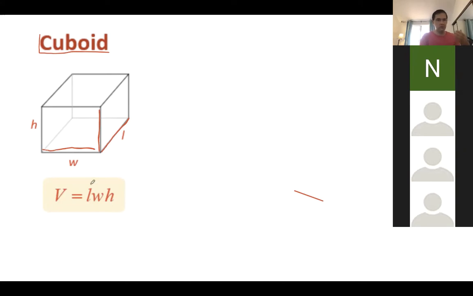So the volume of this would be simply L times W, and then times the height. And again, some units cubed. I choose some units, so maybe for me from here to here, this is 1 unit. For example, 1 meter. Or 1 unit U, call this U for example. Then the volume of this would be L times W times H into number, and then units cubed.